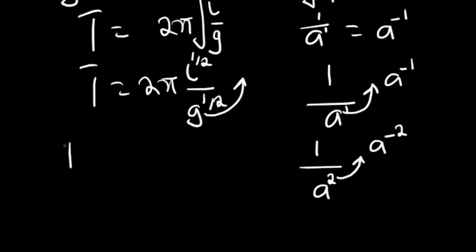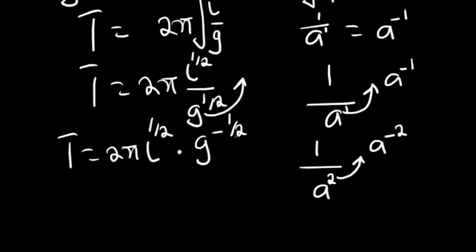We now have that T is equal to 2 pi, multiplied by L to the power 1 over 2, then times G to the power negative 1 over 2. Once you remove it from the denominator, it's going to be multiplied by the one that's there already. In this case, we have L to the power of 1 over 2 there already. So once you take it up, it's going to multiply it, and it now becomes negative 1 over 2.